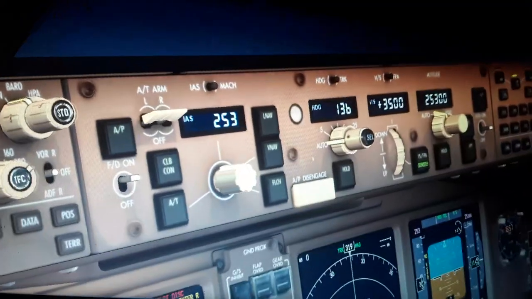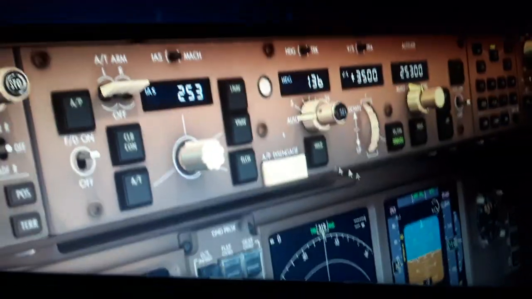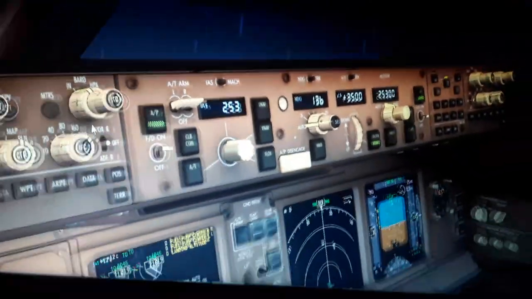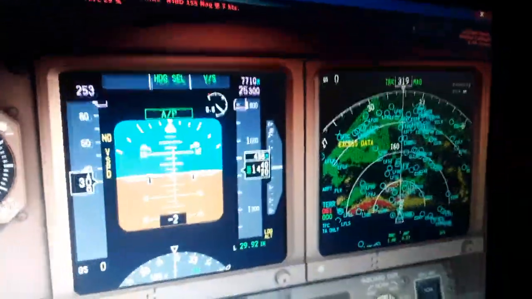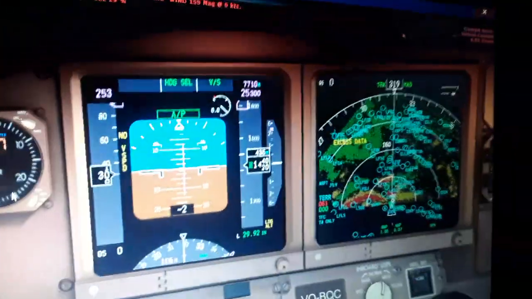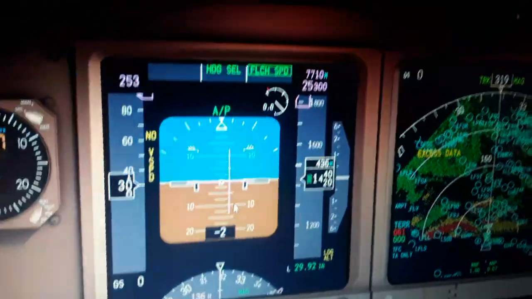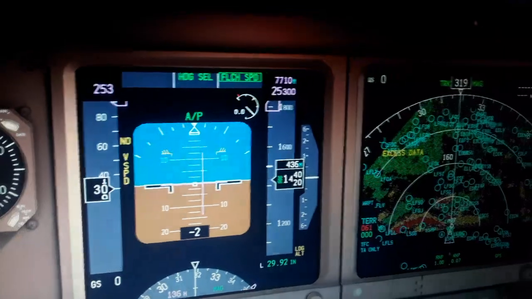So now we're going to select maybe the autopilot on. You will see this mode with the autopilot connected. Now we can use the flight level change again with the autopilot. So we have the flight level change speed here.